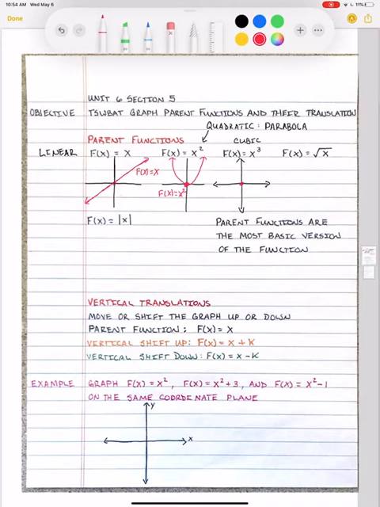Parent functions always cross the origin. But anyway, f of x equals x cubed crosses the origin, and its graph, like I said, looks like a little zigzag. I didn't really hit the middle, but you get the idea. This is f of x equals x cubed. This parent function and any function that has a cube, or an exponent of 3, will always look like this.